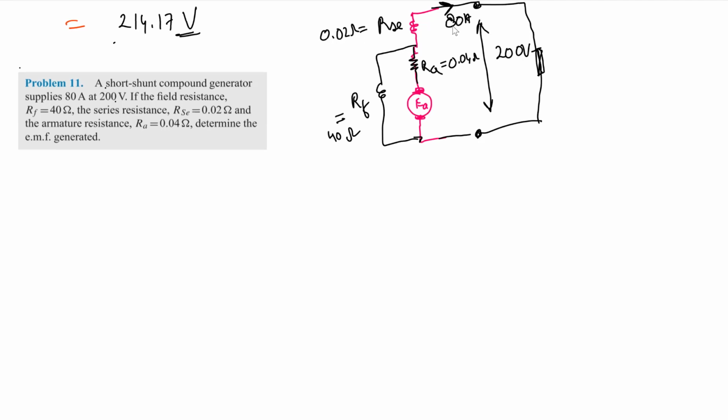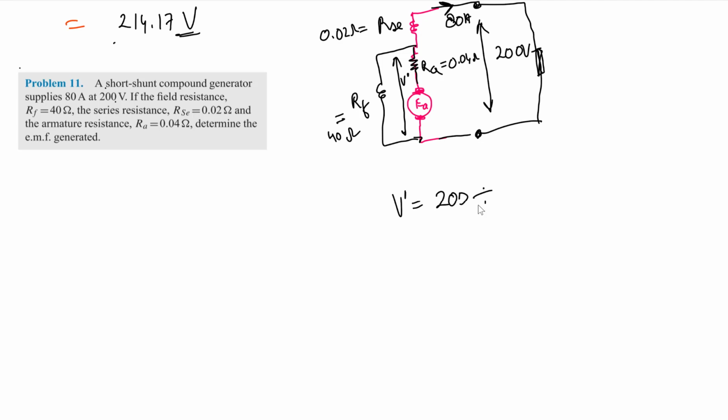So 80 ampere of current is flowing through RSE also. The voltage across the shunt branch, I will write V dash. V dash will be 200 plus this drop.